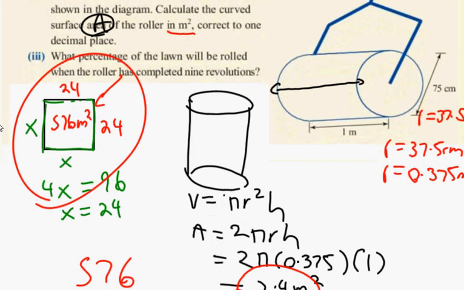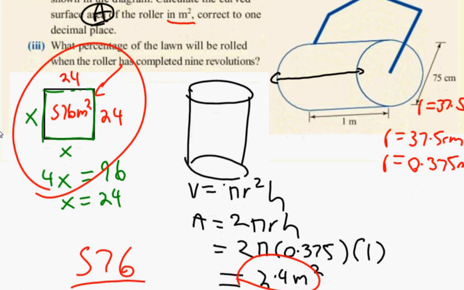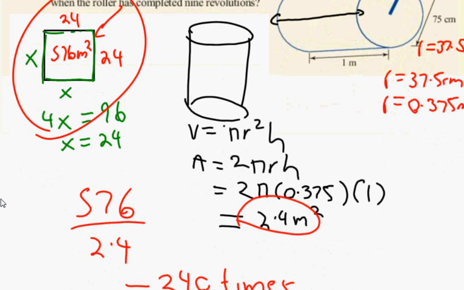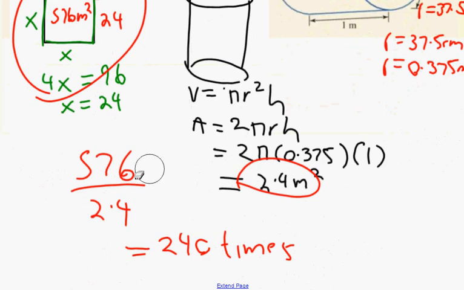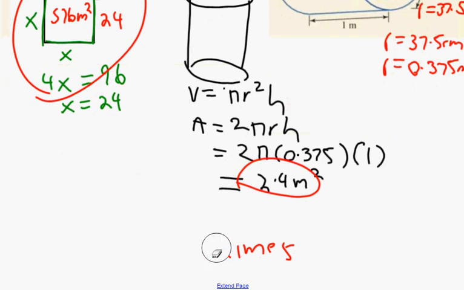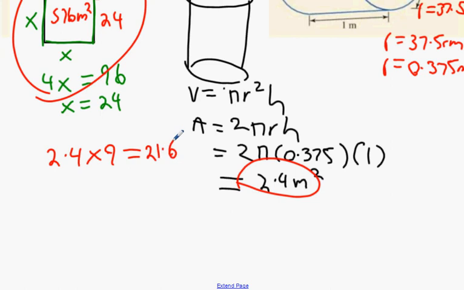Oh, sorry. What percentage of the lawn will be rolled when the roller has completed 9 revolutions? Excuse me, I just assumed that was the question. What you do is multiply 9 by 2.4. What do you get? 21.6, okay?